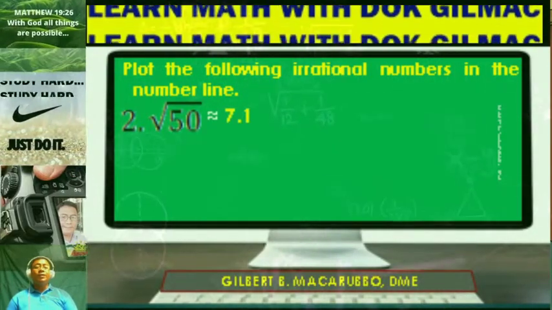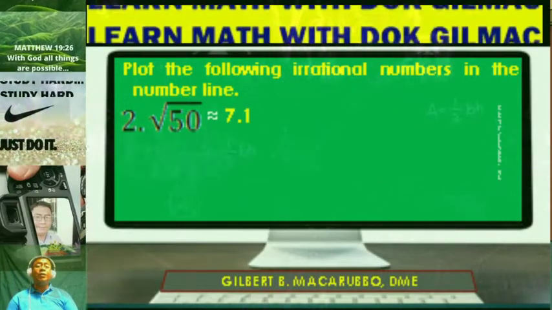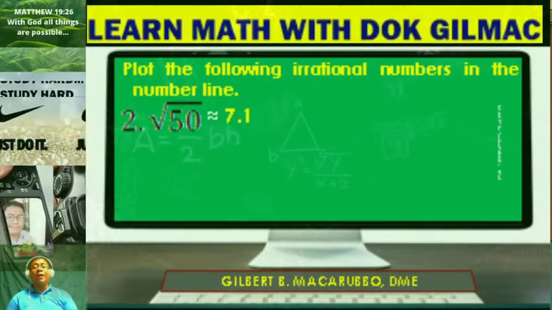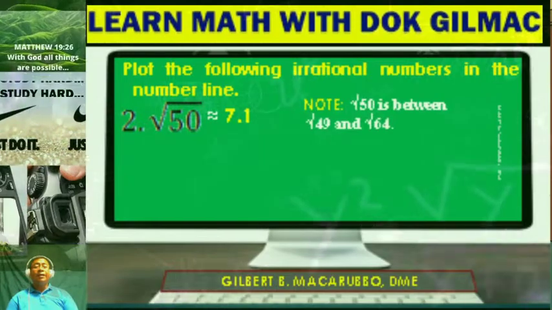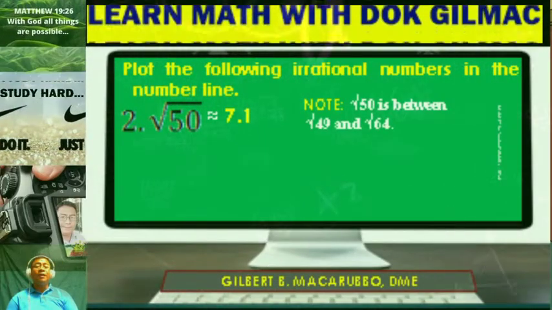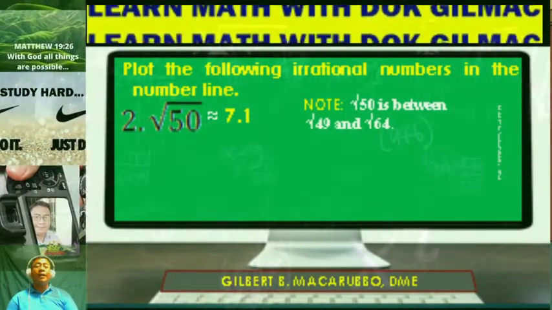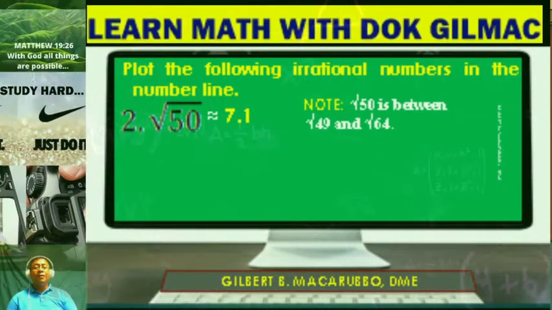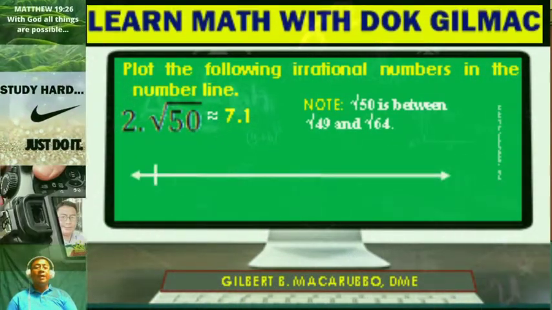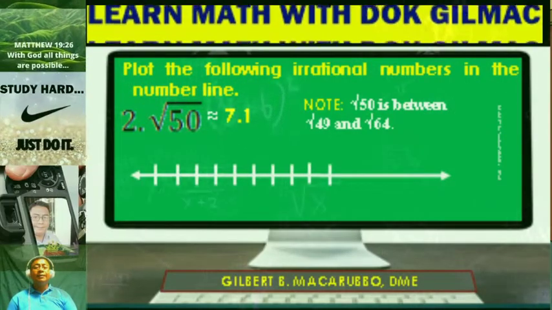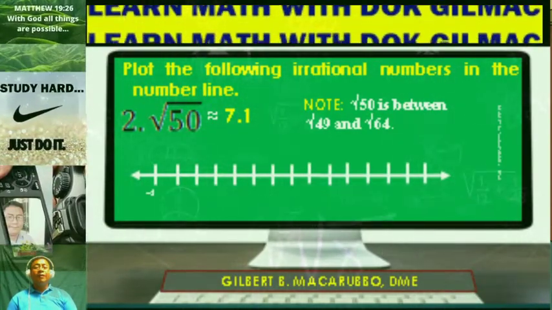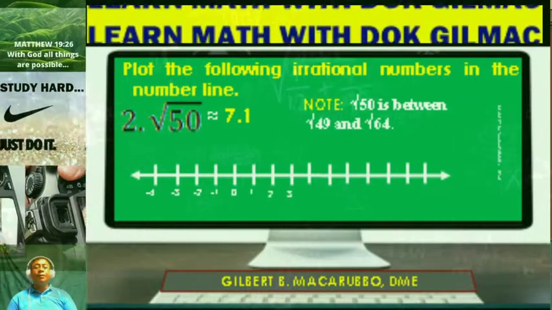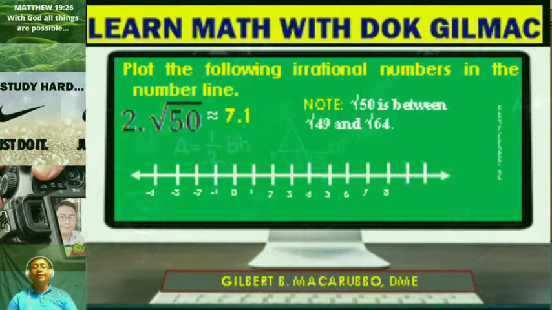Number 2, square root of 50, which is approximately equal to 7.1. Take note, square root of 50 is between square root of 49 and square root of 64. Consider again the real number line here, class, from negative 4 up to positive 10.